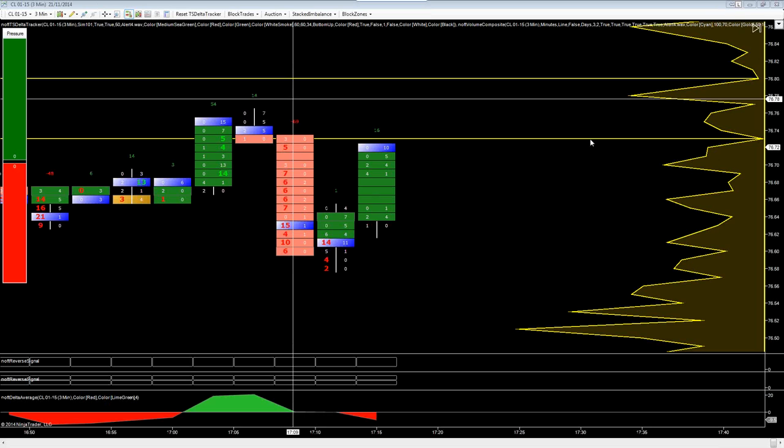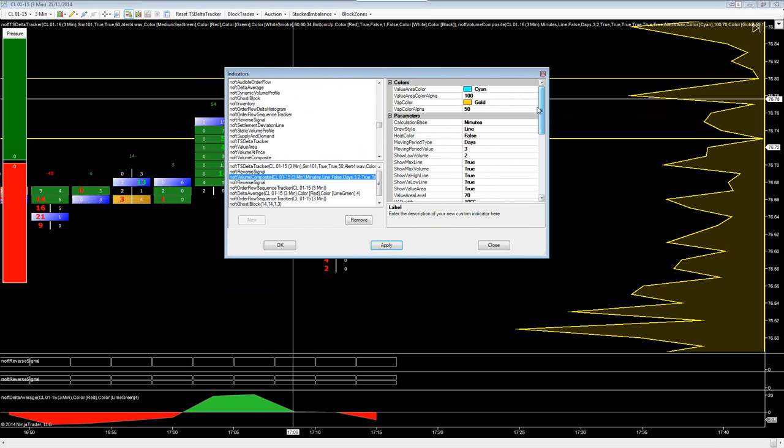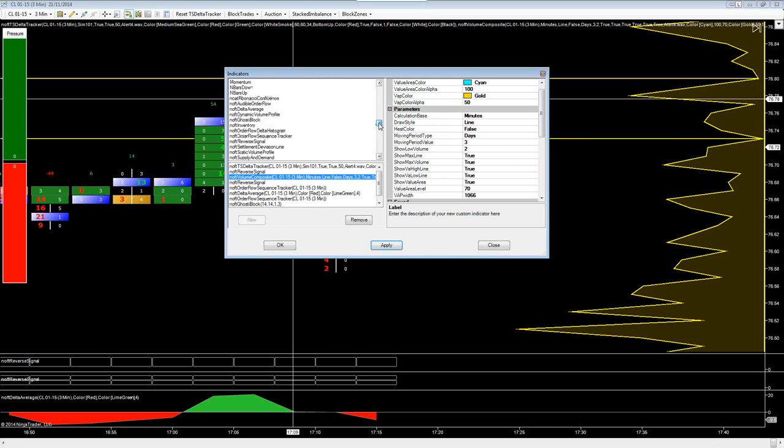So I can adjust anything I want. Here are all the different settings. Any indicator that's part of the NOF package is going to have the NOF moniker in front of it.